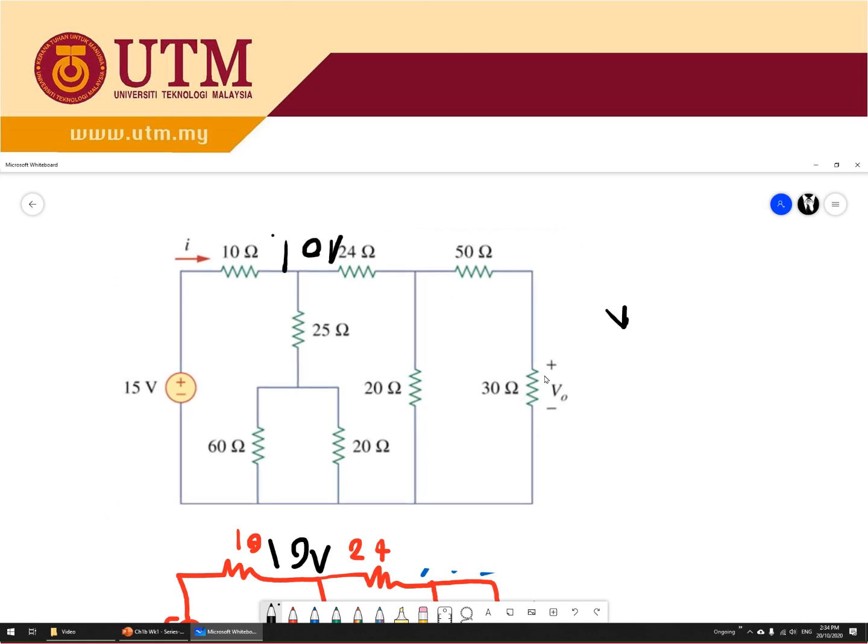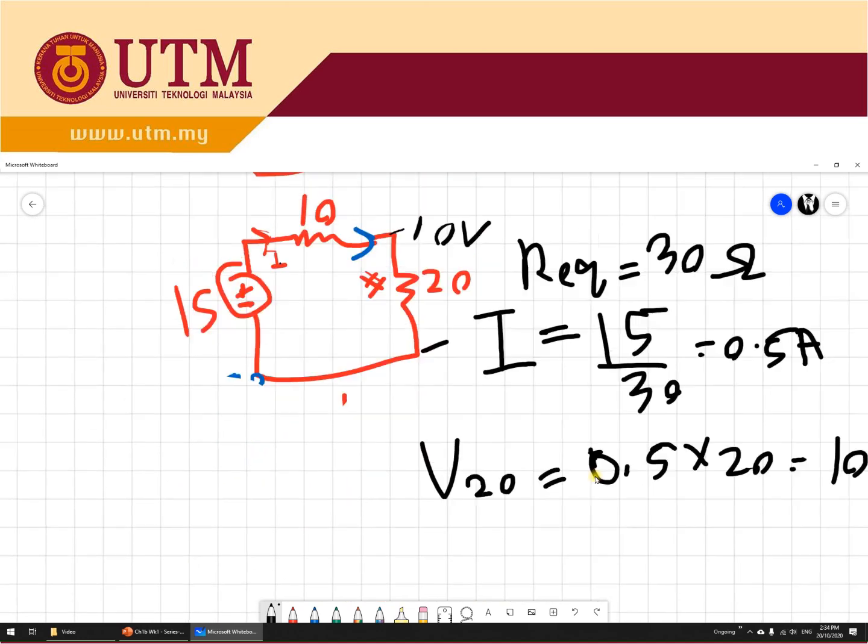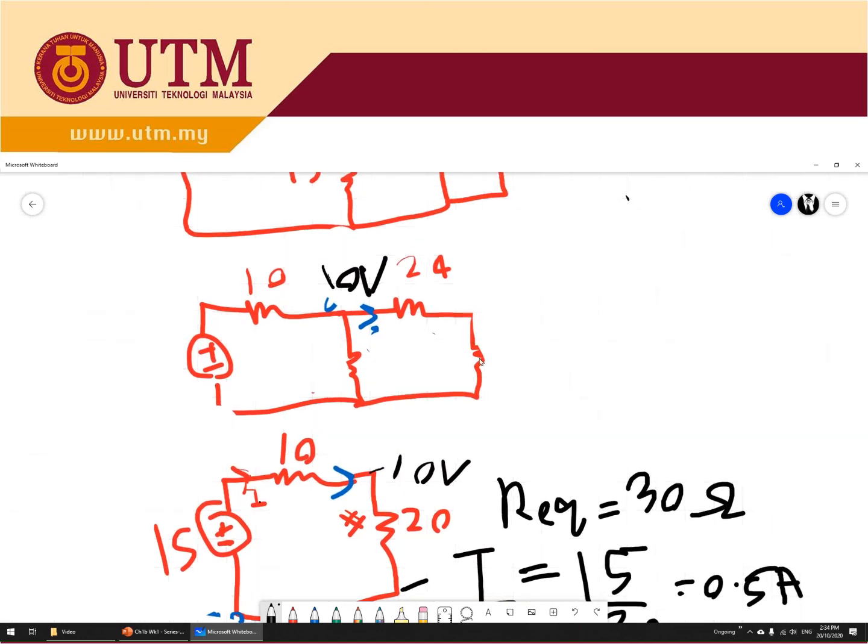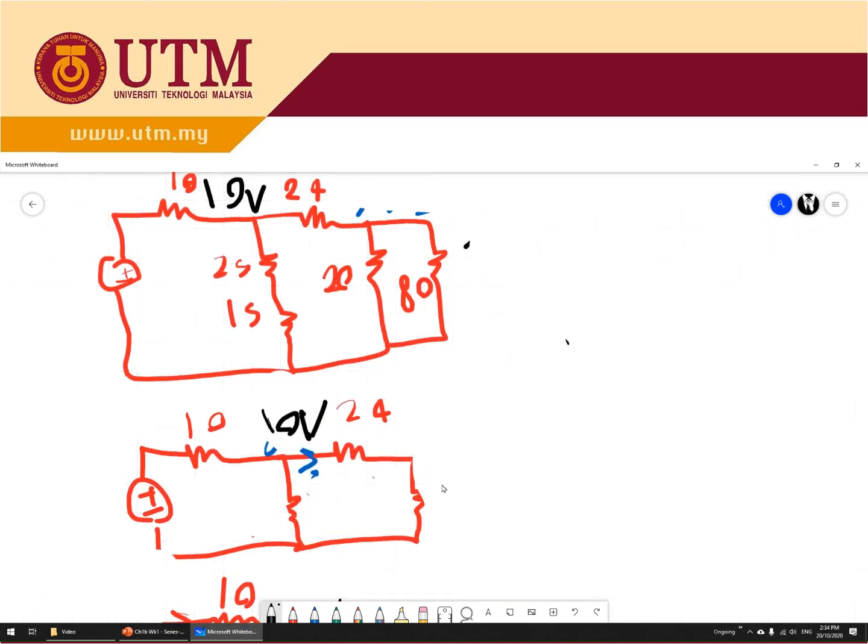So you need to calculate the voltage here. How to do this? You already did the calculation. This one is 16 ohm. So 10 volt is from here to here. So this is 24 ohm, 16 ohm.